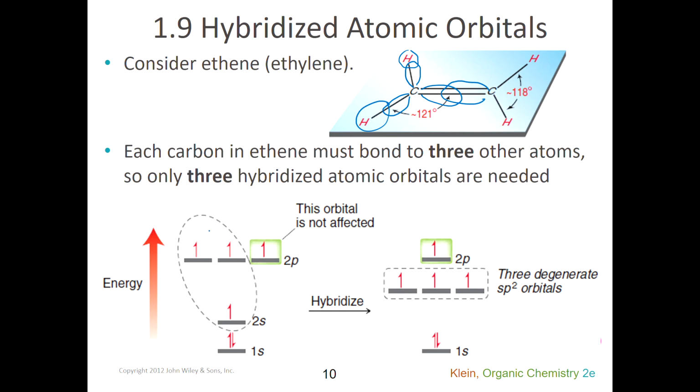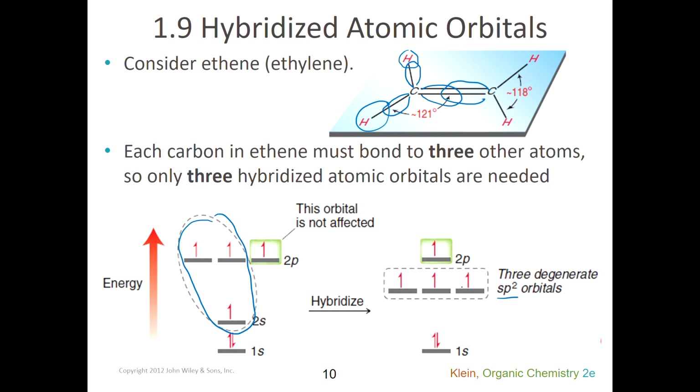By mixing in 2 of the p's with the s instead of all 3, I get slightly more stable orbitals than they were when they were sp3, because now it's a 33% s character, whereas before it was only 25% s character out of the orbitals that are mixed in there. A bigger proportion of that now is s versus what it was in the sp3 orbitals.